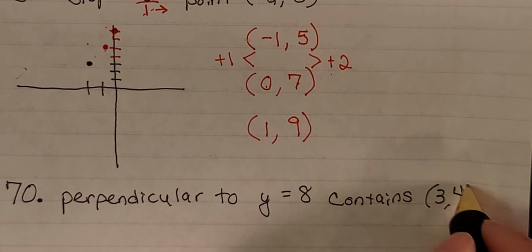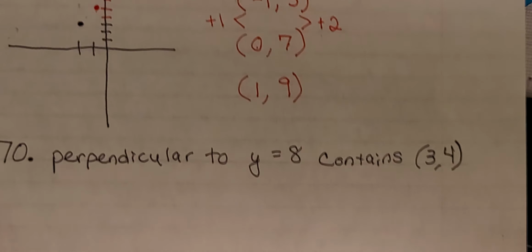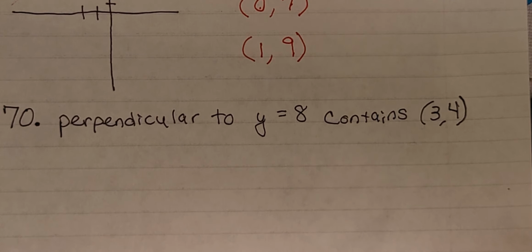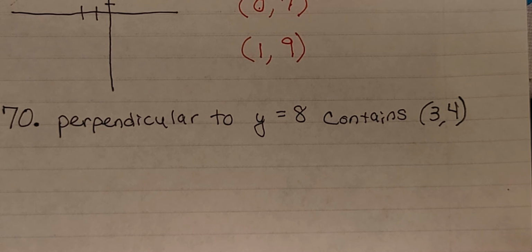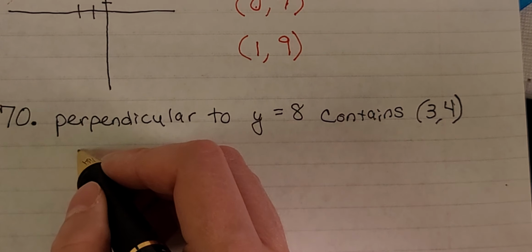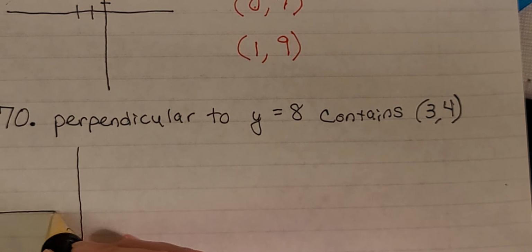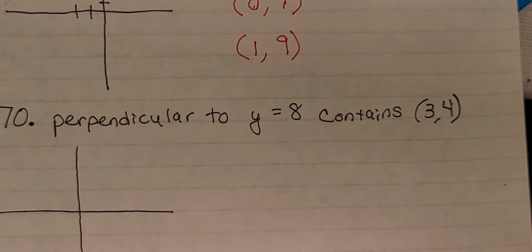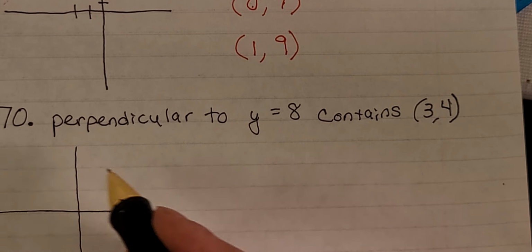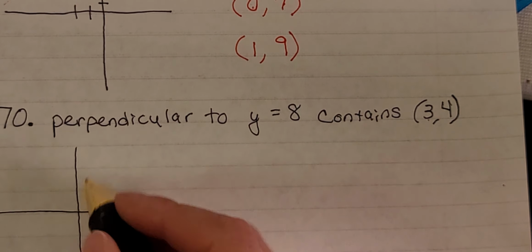All right, so this doesn't really have too much to go off of. I would probably look at this one graphically. Okay, there's actually a couple different ways you can think of this. So we're going to plot 3, 4 on here.